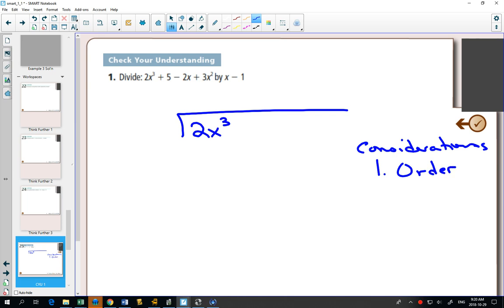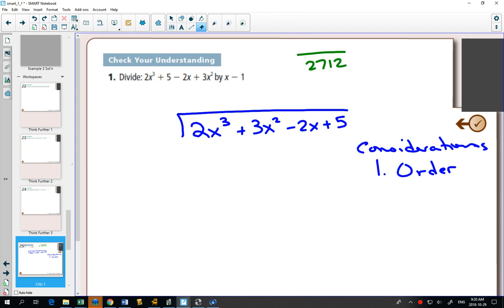The order matters when you write polynomials and you're doing long division. You never had to worry about this with numbers. So we have 2x cubed plus 5 minus 2x plus 3x squared. We need to write this in order. That never happens in long division.